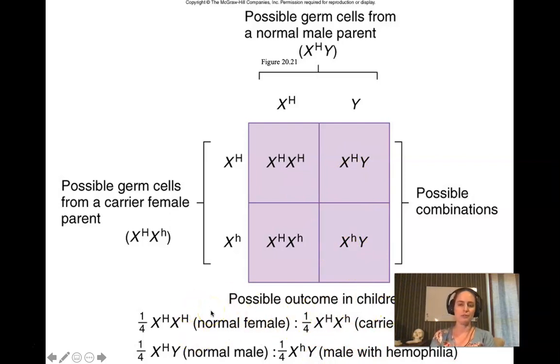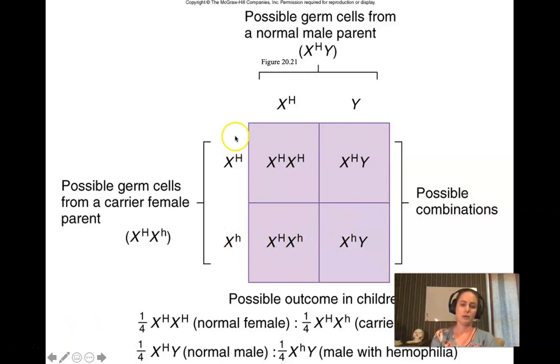And this is typical for a lot of X-linked disorders. This is also why it's much more likely that a male would be colorblind. Red-green colorblind is the most common form of colorblindness, and it does happen much more often in males than in females. It's very rare to get a colorblind female.